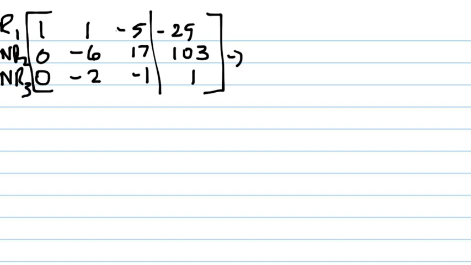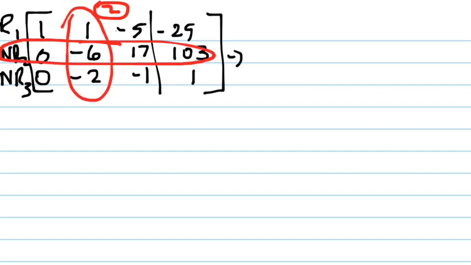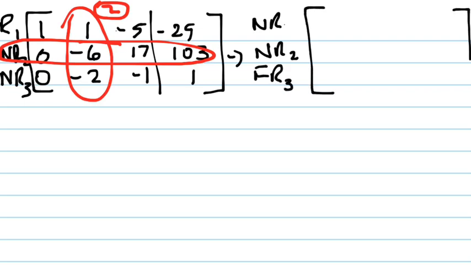Now remember, this is our second matrix, right? So we're using second row, second column. Alright? Well, since I'm using the second row, new row 2 is not going to change. But I'm going to get a new row 1, and I'm going to get a final row 3. And that's what's going to be in our next matrix. Okay? So we're going to use new row 2 and row 1.